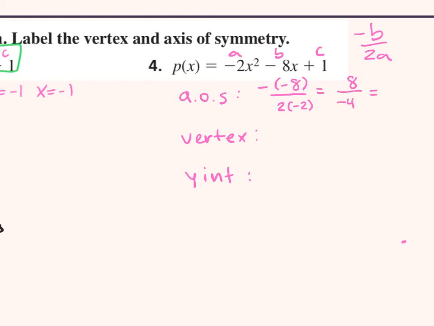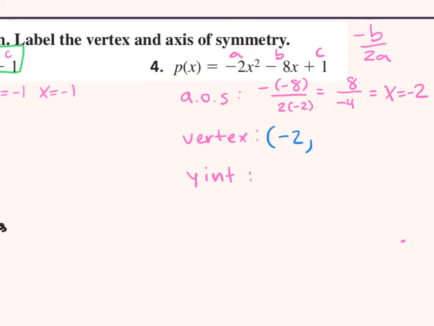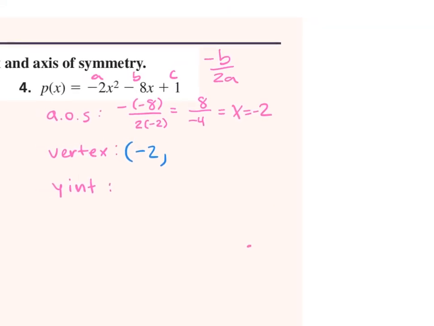So what is our axis of symmetry? -2. Perfect, -2. So what's our first number in our vertex going to be? -2. Awesome. And then to find our y value in our vertex, we just need to plug in -2 into our function.